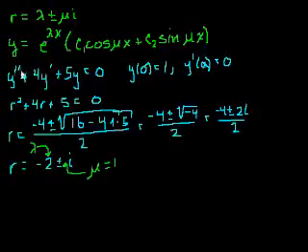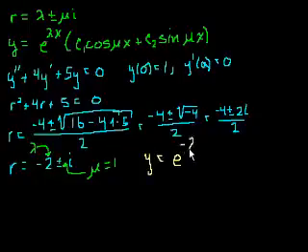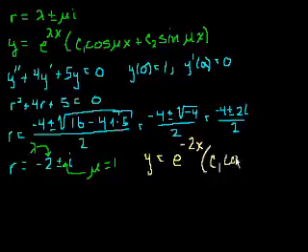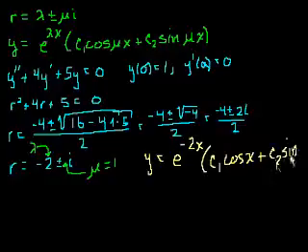So the general solution to this differential equation is y is equal to e to the lambda x, well lambda is minus 2x, times c1 cosine of mu x, but mu is just 1, so it's c1 cosine of x, plus c2 sine of mu x, when mu is 1, so sine of x.